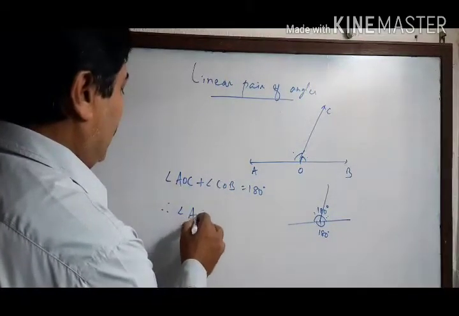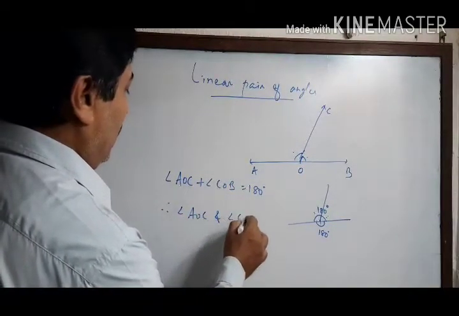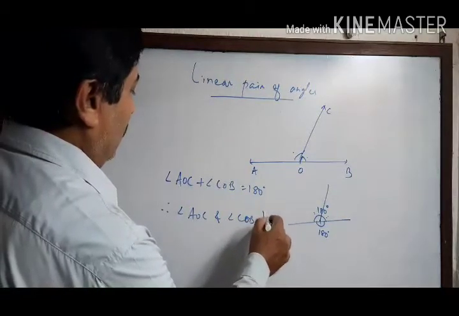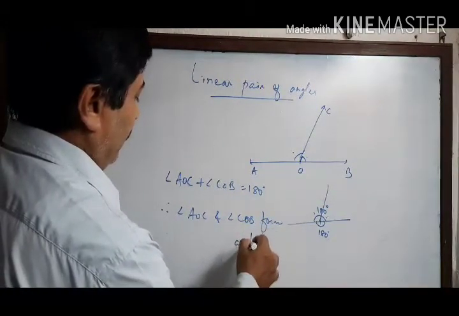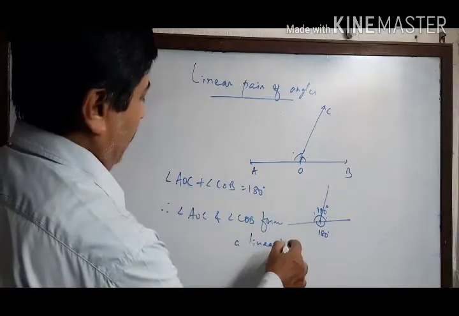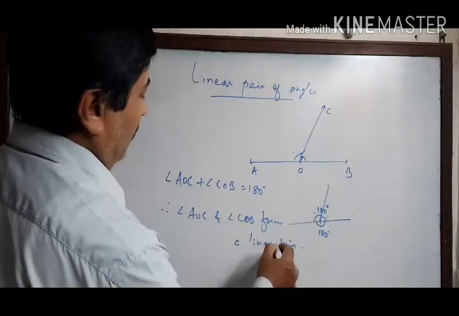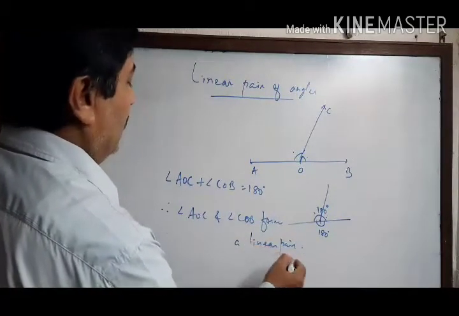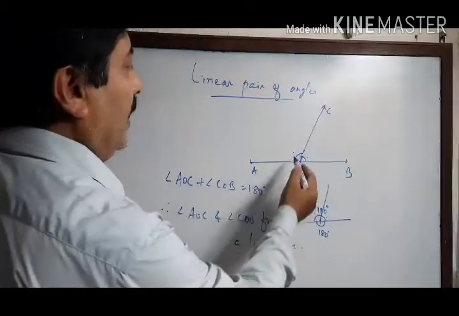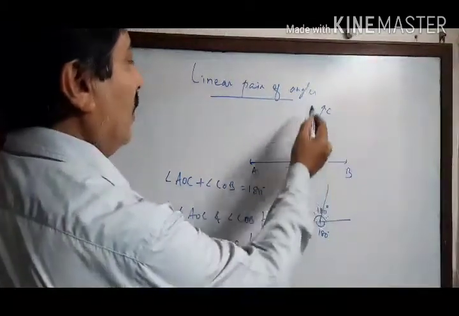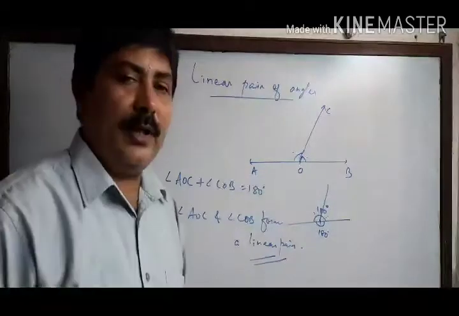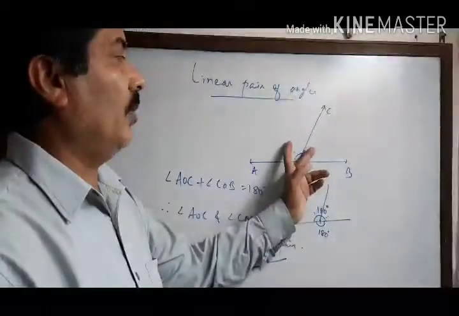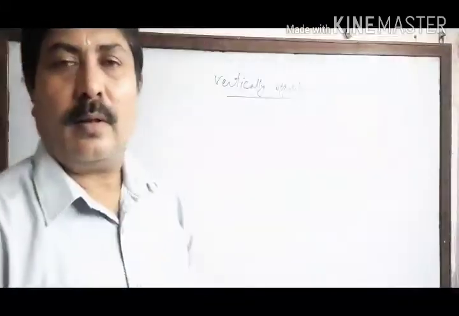Therefore, we can say angle AOC and angle COB form a linear pair. So whenever the sum of two angles is 180 degrees and they have one common arm like that, we can call that both angles form a linear pair.